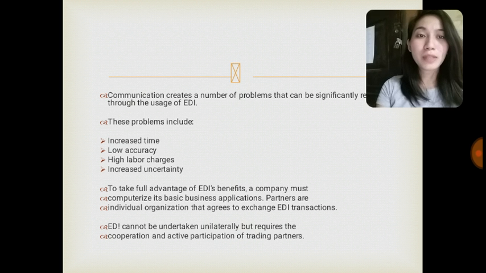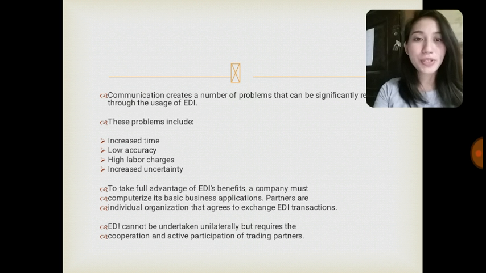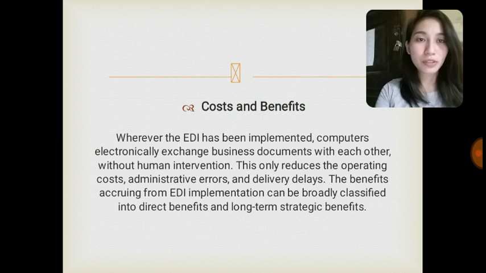These problems include increased time, low accuracy, high labor charges, and increased uncertainty. To take full advantage of EDI's benefits, a company must computerize its basic business applications. Partners are individual organizations that agree to exchange EDI transactions. EDI cannot be undertaken unilaterally but requires the cooperation and active participation of trading partners.